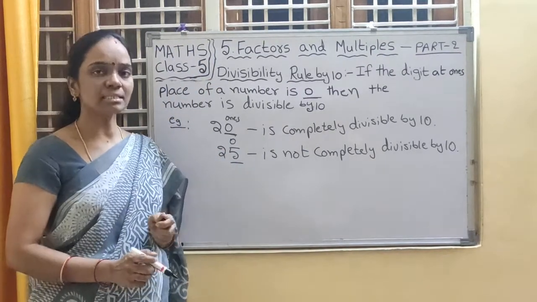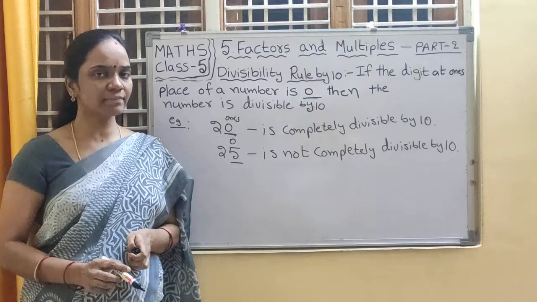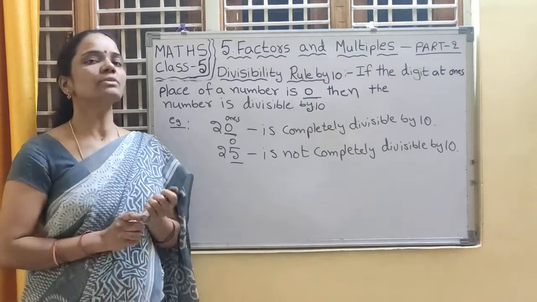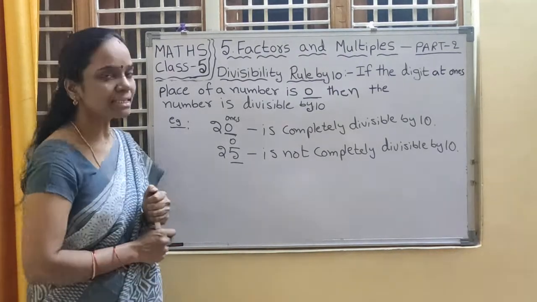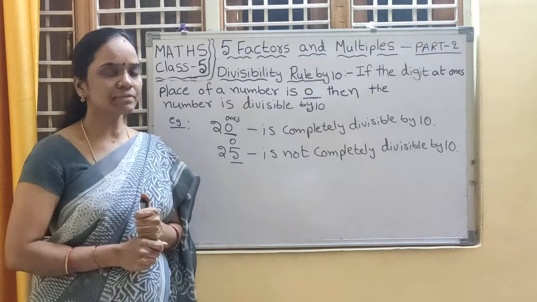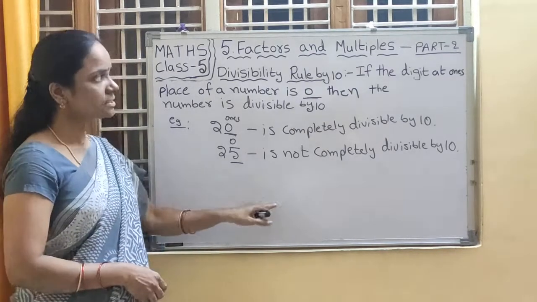These are the three rules we have already discussed in the previous chapter. In today's class, we are going to learn about the divisibility rule by 3, the divisibility rule by 9 and the divisibility rule by 6. Note it down, children.